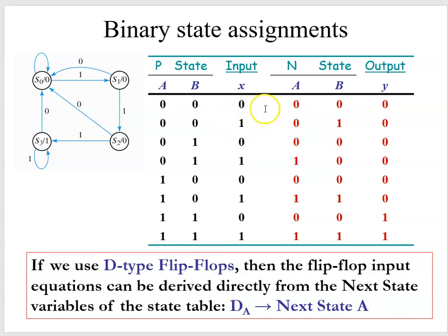And then our state assignment is that S0 is for A, B, 0, 0, S1 is 0, 1, S2 is 1, 0, and S3 is the 1, 1. So if we use D flip-flops, then the flip-flop input equation can be derived directly from our next state equation.